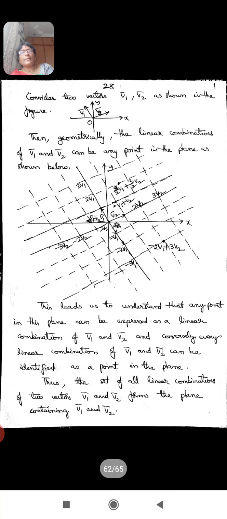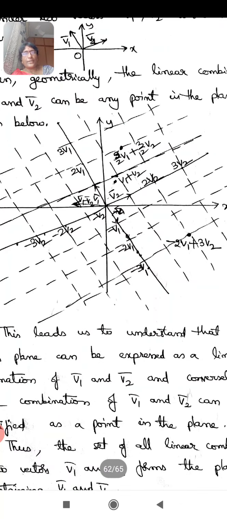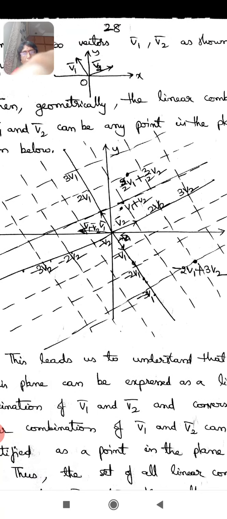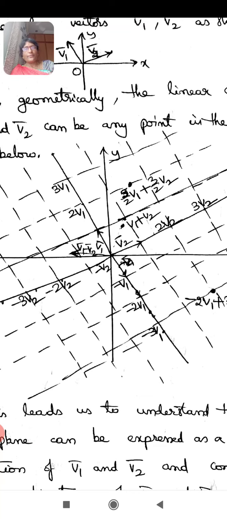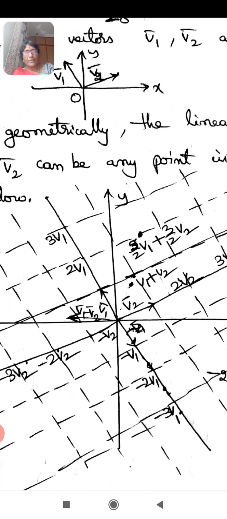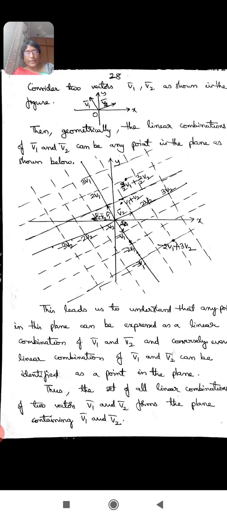Now let us see the geometrical interpretation of some of the linear combinations of the vectors v1 bar and v2 bar. In the small figure above, I have shown the positions of v1 bar and v2 bar, where they are lying. We can see v1 bar is in the second quadrant and v2 bar in the first quadrant in the xy plane, where we can have 4 quadrants.